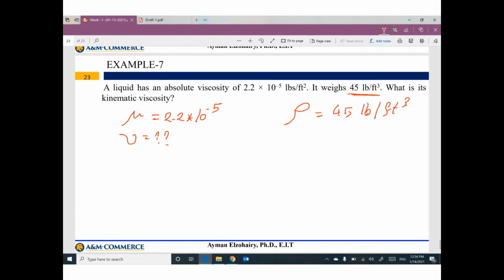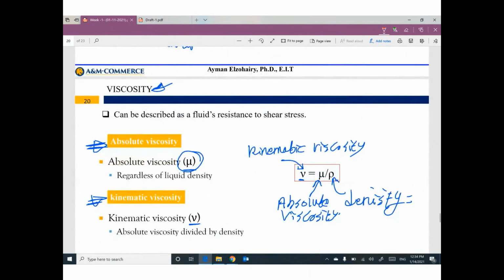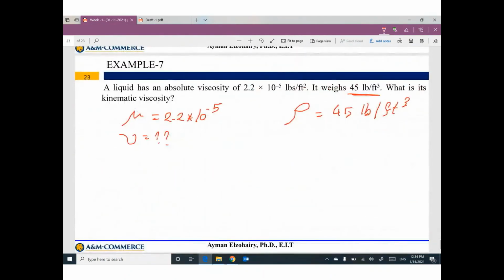Do you remember the relationship between kinematic viscosity and absolute viscosity? Nu equals mu divided by rho. That's it. So nu equals mu, 2.2 times 10 to the power negative 5, divided by rho, 45.